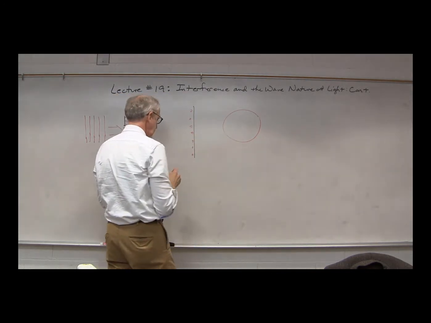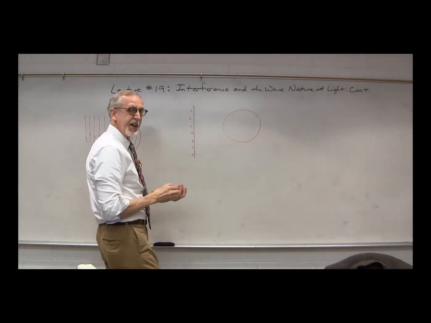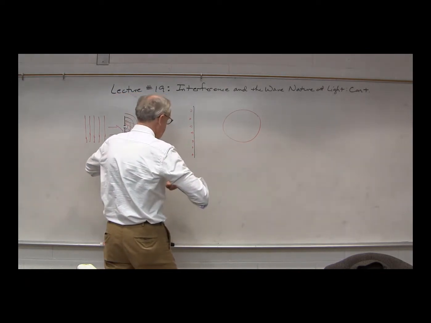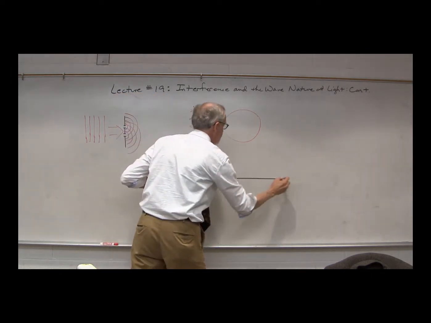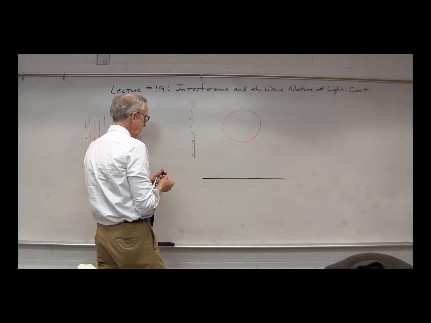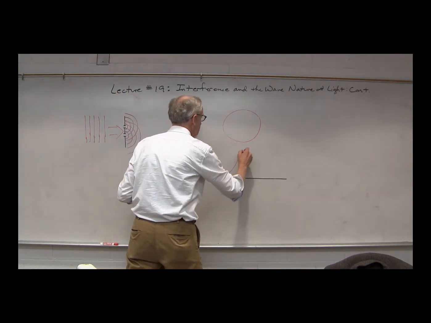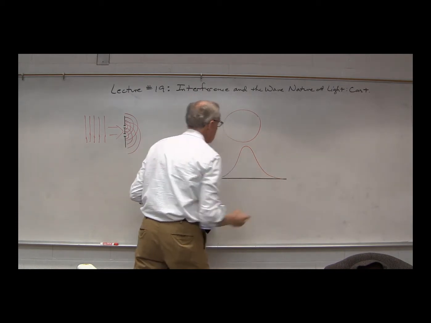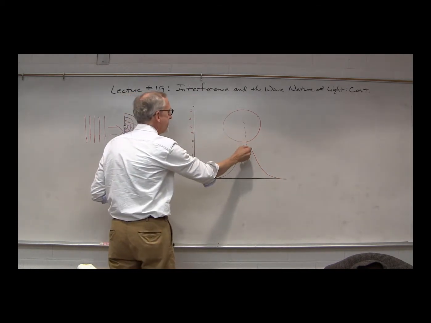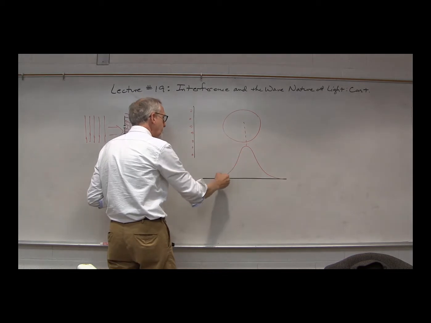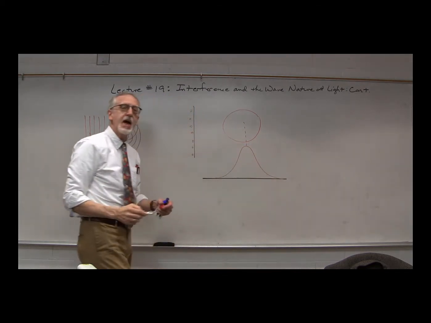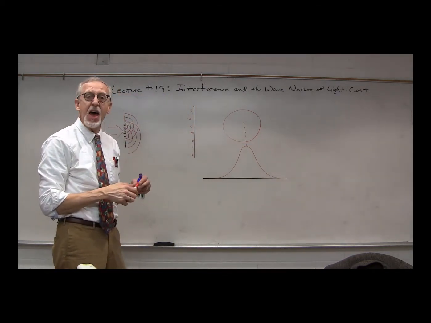It actually looks more like a Gaussian. If that's the zero energy, the energy distribution looks something like this, where it's largest in the center and then decreases like a Gaussian or a bell-shaped curve as you move away from the center.